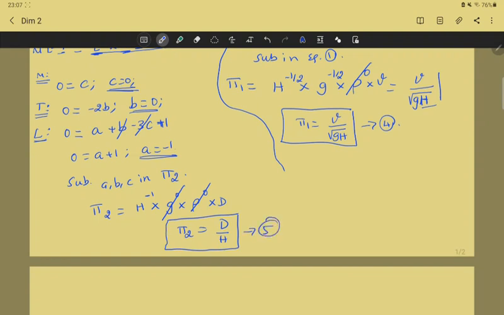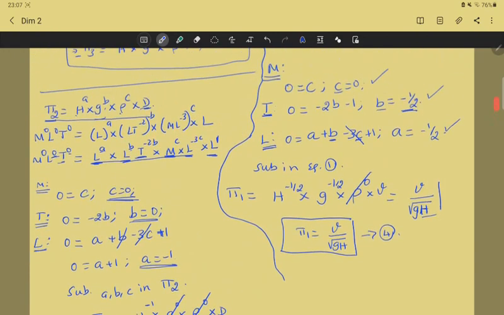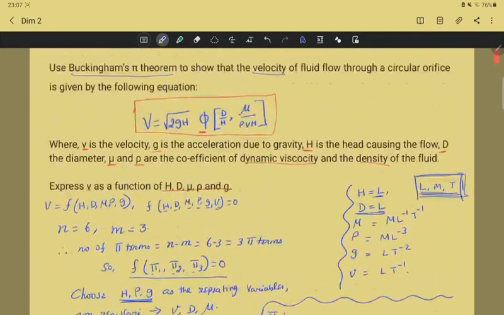Now, we just have one more pi term, but before we go into that, let us look at what we have got so far. Pi 2 is d by h and pi 1 is v divided by root gh. Now let us look at what we have been asked to find. Root 2gh, root gh is there, v is also there, fantastic.